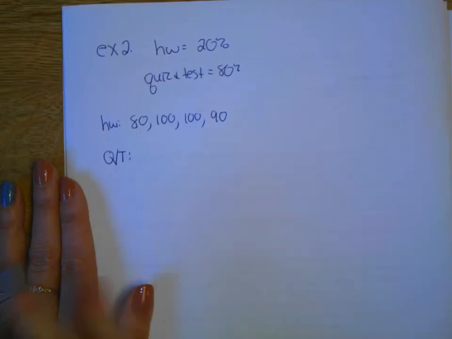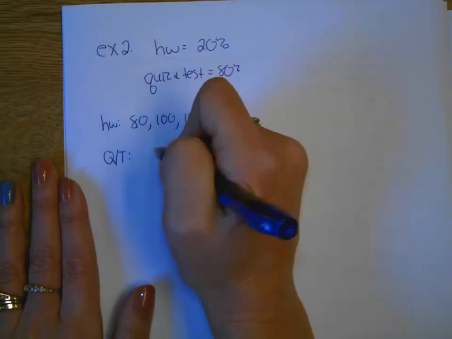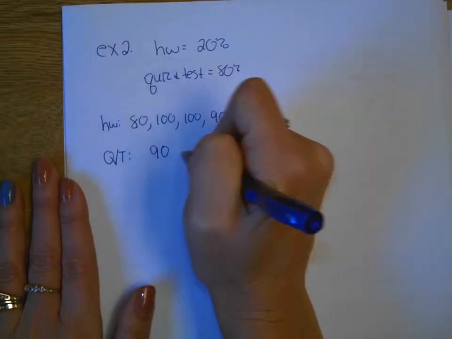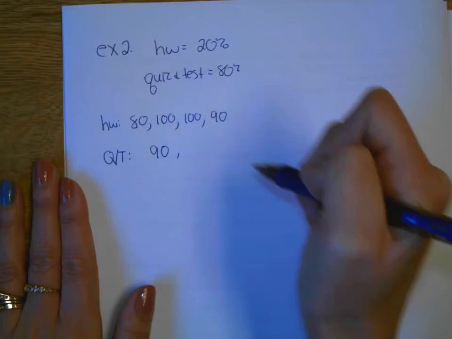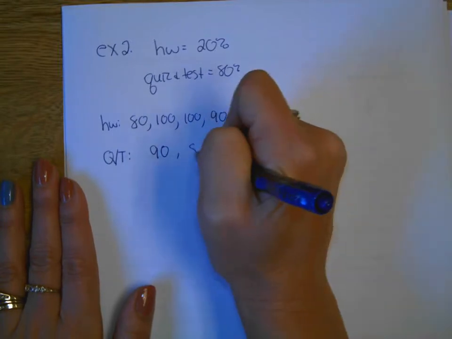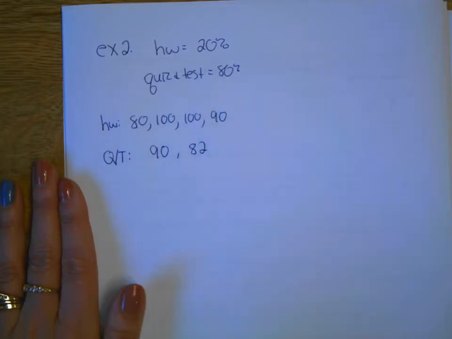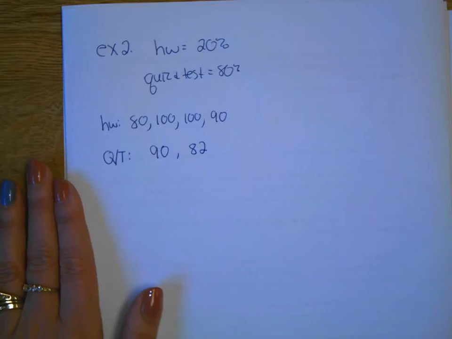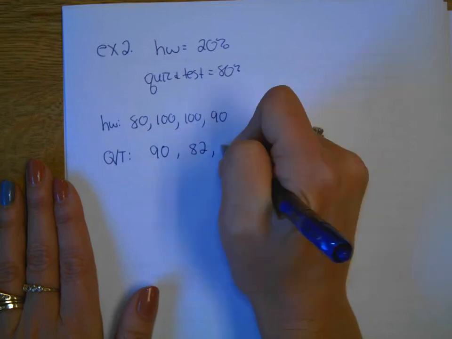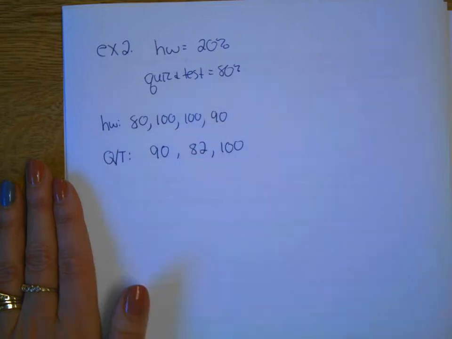Let's give her 90 on a test. That's real nice. I got an 82 on the other one. We'll keep it simple. Or do you want a third one in there? Yeah, one more. Do 100. Okay. All right.